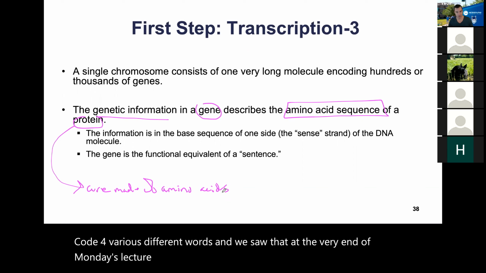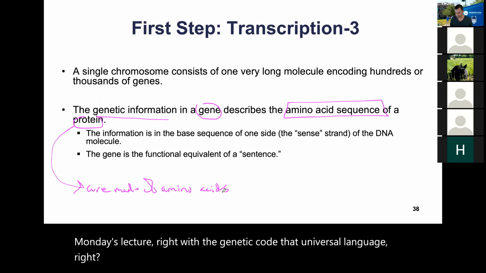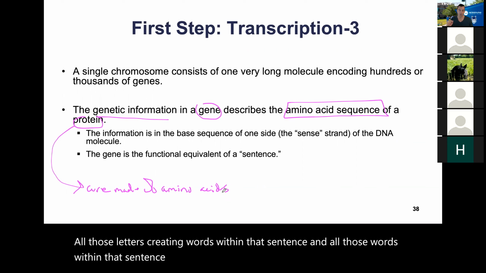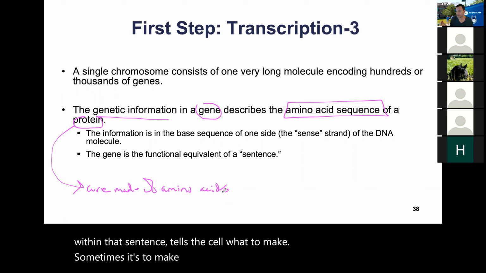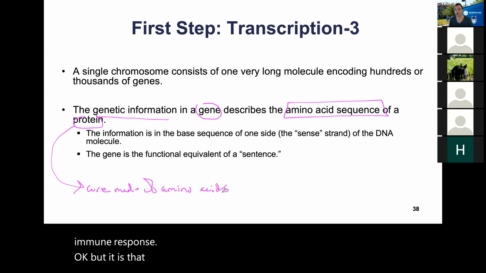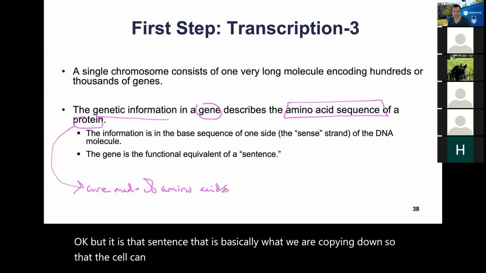With the genetic code, that universal language. All those letters creating words within that sentence. And all those words within that sentence tell the cell what to make. Sometimes it's to make receptors for the cell membrane to mount an immune response. But it is that sentence that is basically what we are copying down so that the cell can make something in the cytoplasm.